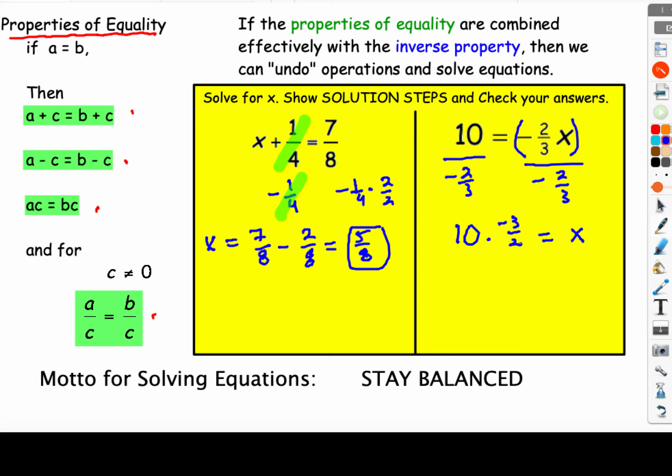Flip that fraction over. 2/3 becomes 3/2. And so now when I multiply, I'm going to get an answer of negative. Again, 10 times 3 would be 30, divided by 2 is 15. Or you could have taken 10 divided by 2 is 5, times 3 is 15. Either way, I'm going to get a negative 15 for x. And again, I'll leave that one to you to check the answer. But there were a couple of quick problems right there for you dealing with fractions.